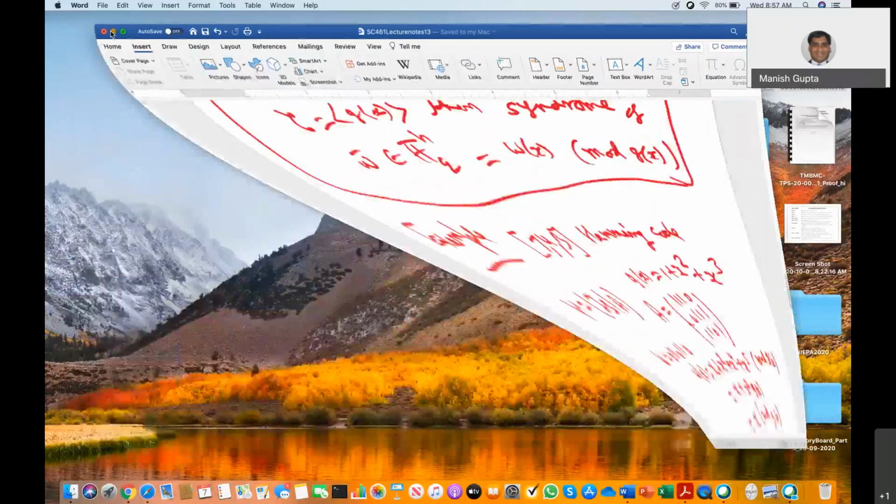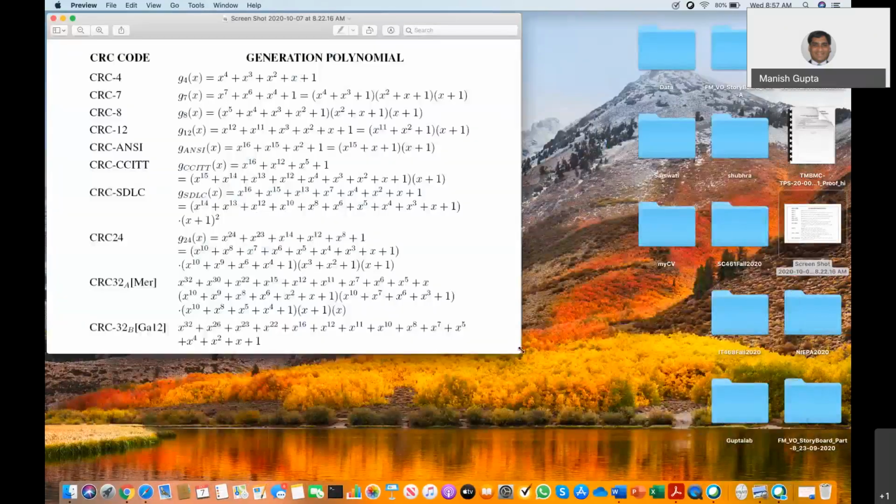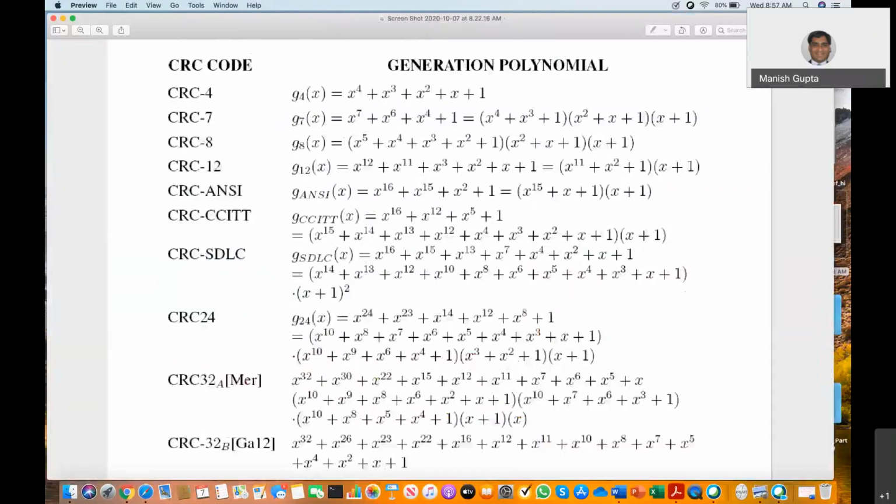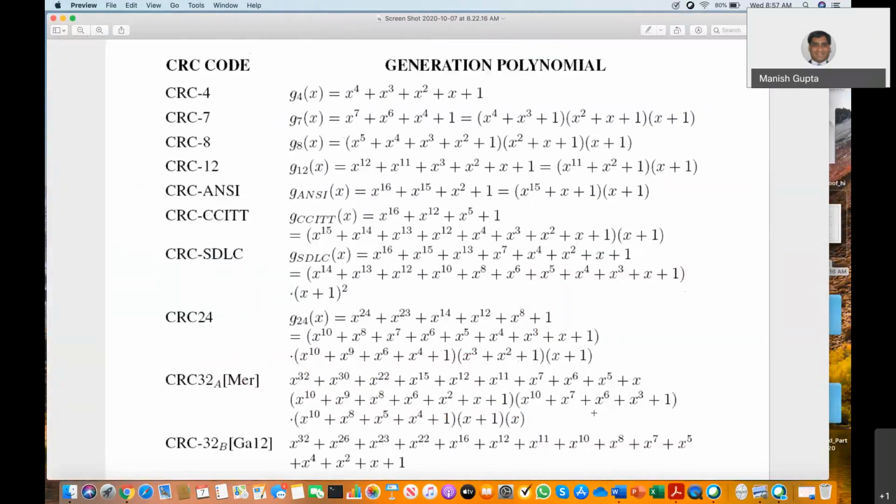And here is that picture. You can see that some of these standards are cyclic redundancy codes: CRC4, CRC7, CRC8. So CRC4 generator polynomial is like this, CRC7.